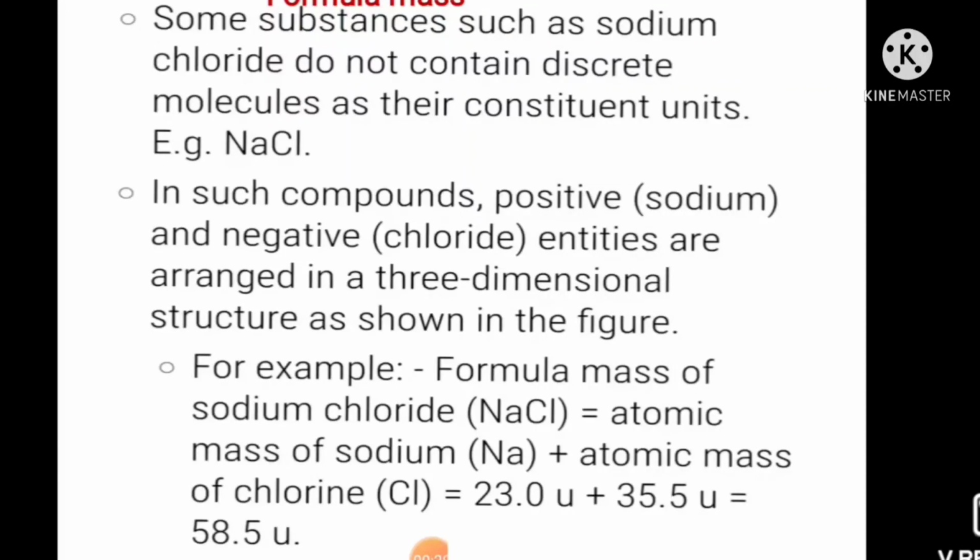The formula mass is obtained by adding the atomic masses of all the atoms present in the empirical formula of the compound. Then the formula mass of sodium chloride equals the atomic mass of sodium, 23.0 U, plus the atomic mass of chlorine, 35.5 U, which is equal to 58.5 U.